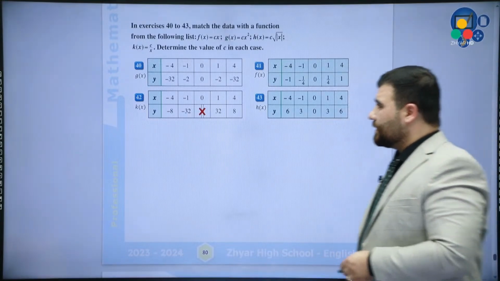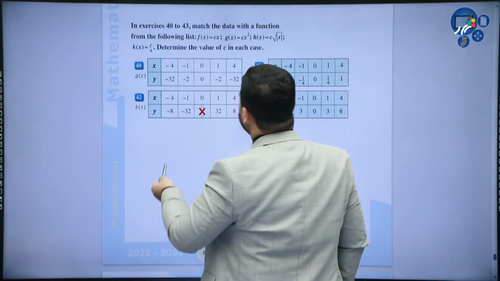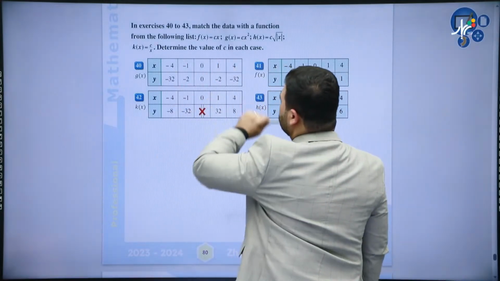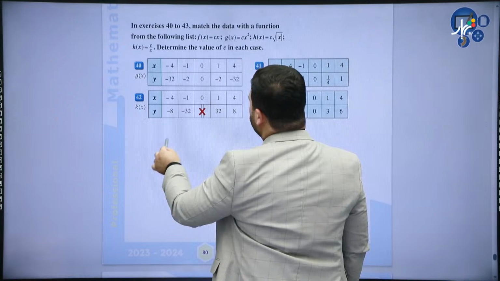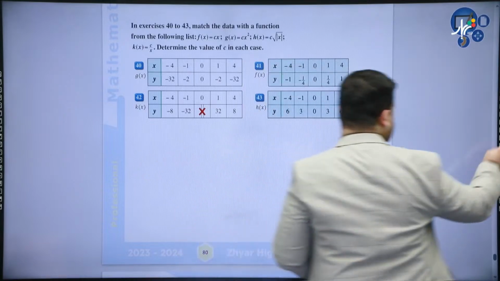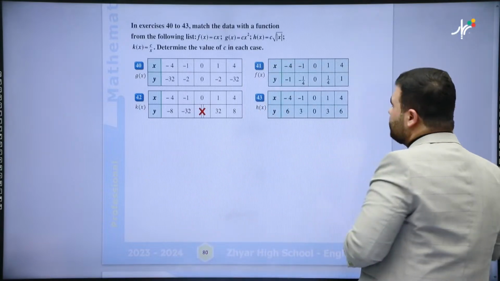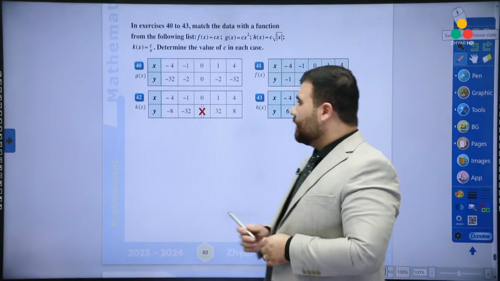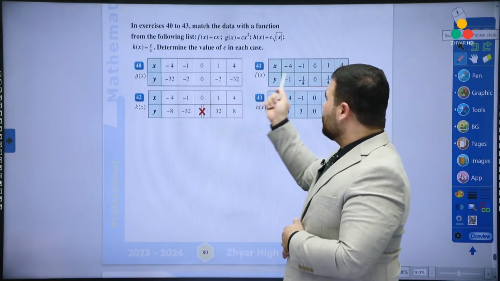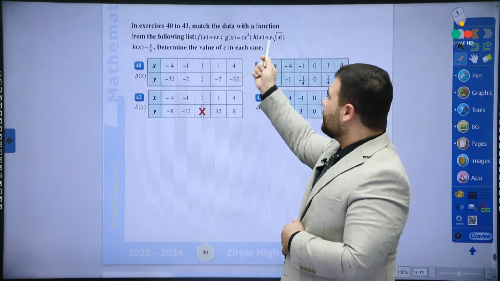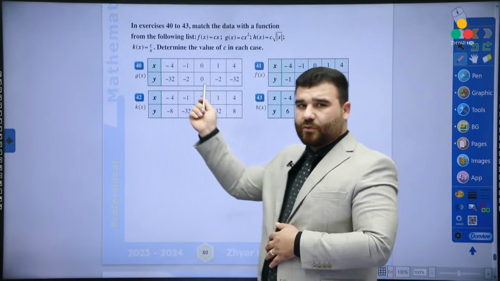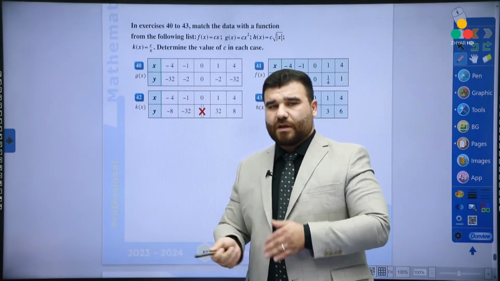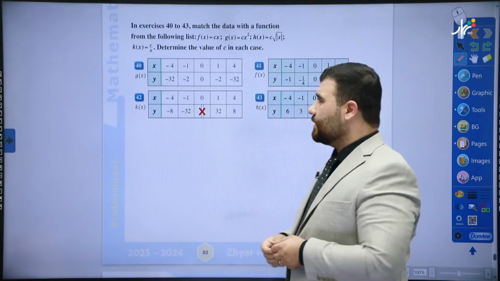Okay. Firstly, we have g(x) equals c x squared. By putting some of these values in the functions, we can guess which table belongs to which function. Then we can find the value of c.